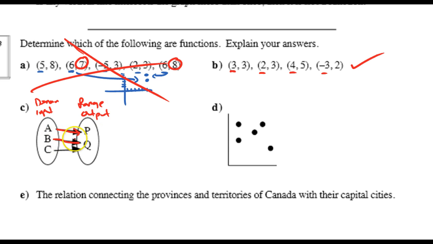If I input B, the output is Q. If I input C, the output is Q. So at first glance, this might seem like a problem, but if you look carefully, it does not violate our definition, because the definition of a function is you cannot have multiple outputs for the same input. But because B and C are different, they're not the same input, they can both be Q. Let me go back to the height example to kind of illustrate what I'm talking about here.